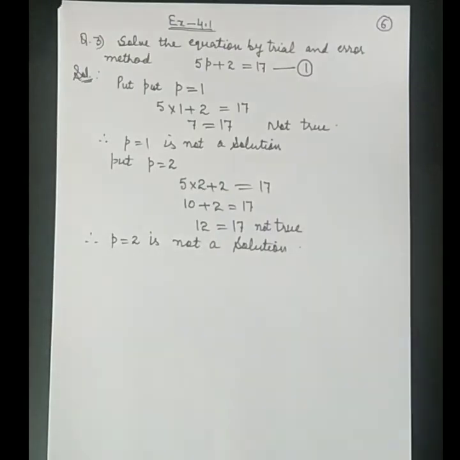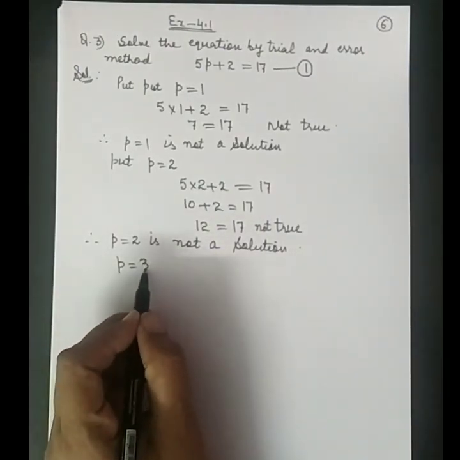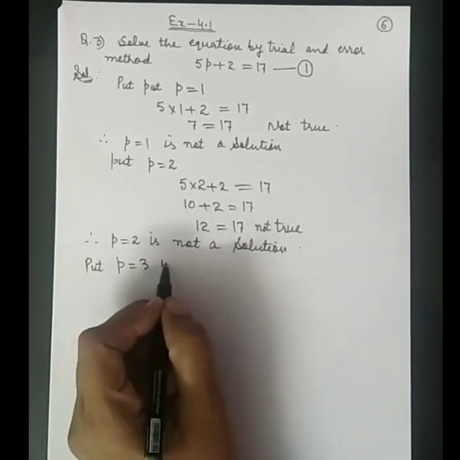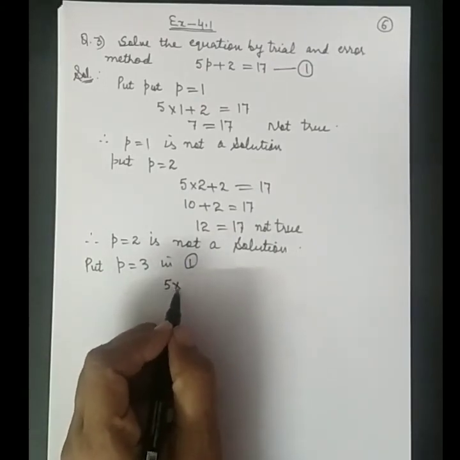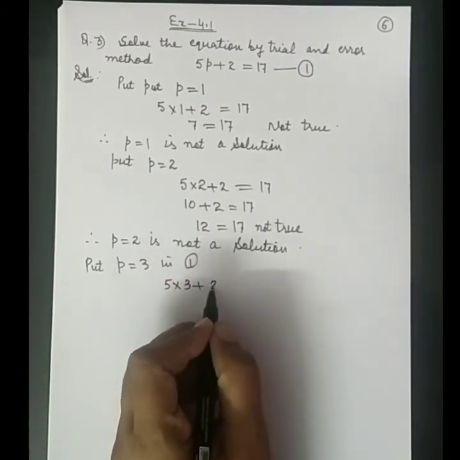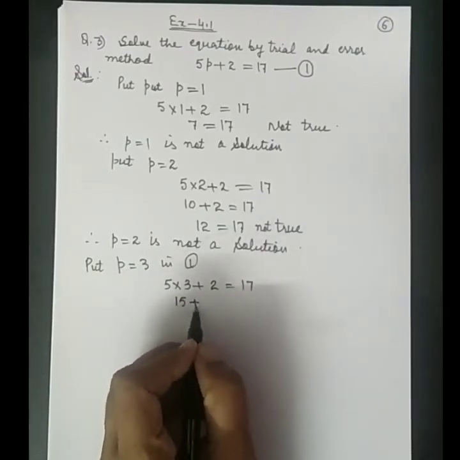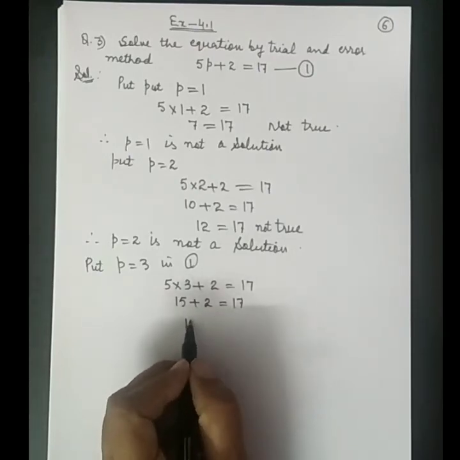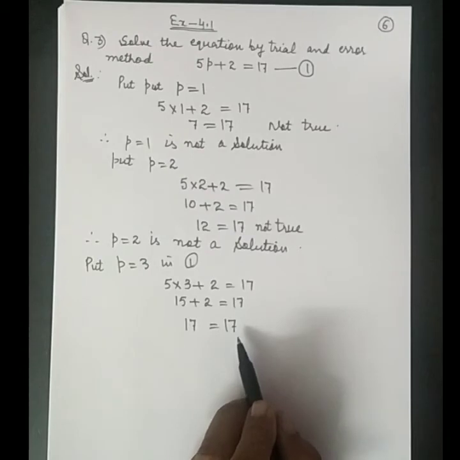Next, put another value. Let p is equal to 3. So put p is equal to 3 in first equation. It will be 5 into 3 plus 2 is equal to 17. 5 3s are 15 plus 2 is equal to 17. Now 15 plus 2, 17. 17 is equal to 17.